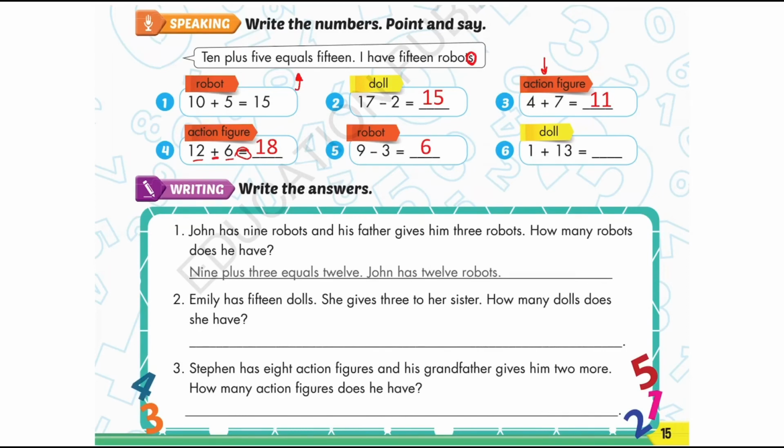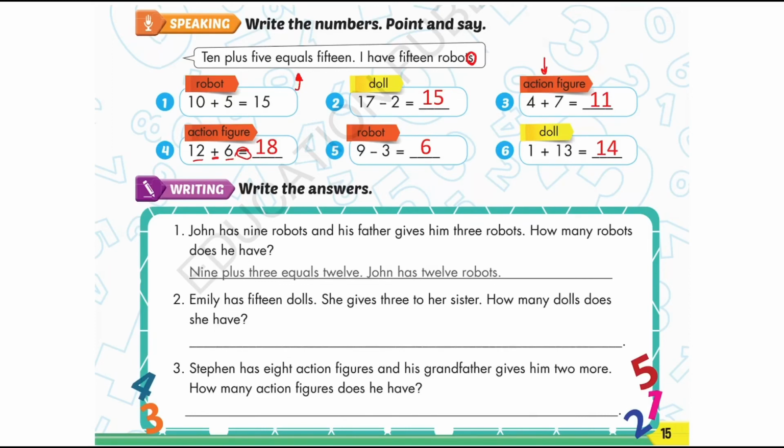I have 6 robots. 6. 1 plus 13 equals 14. I have 14 dolls.